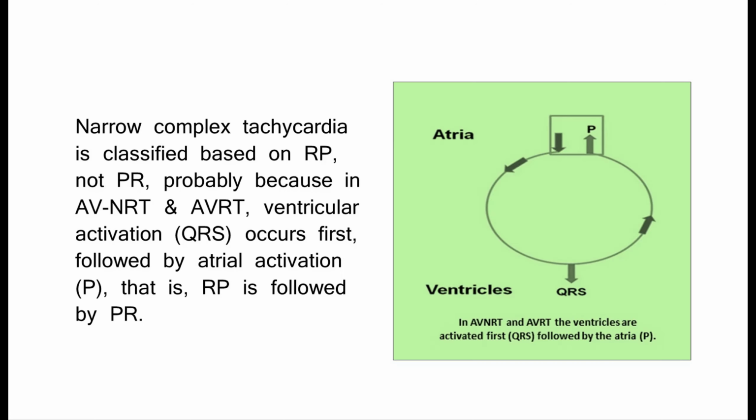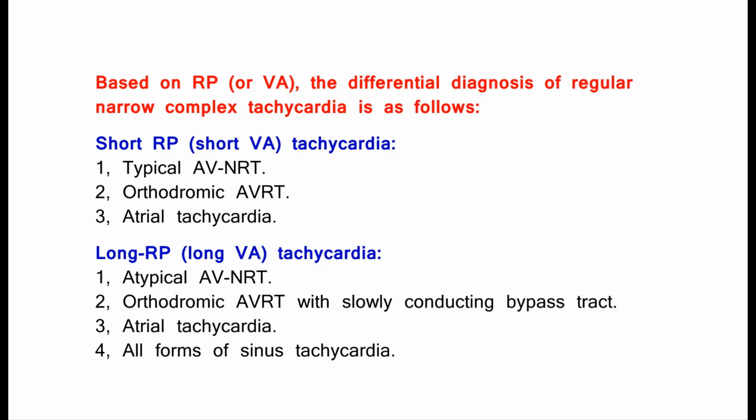Narrow complex tachycardia is classified based on RP, not PR, probably because in AVNRT and AVRT, ventricular activation, QRS, occurs first, followed by atrial activation, P, that is, RP is followed by PR. Based on RP, or VA, the differential diagnosis of regular narrow complex tachycardia is as follows. Short RP, short VA, tachycardia: 1.